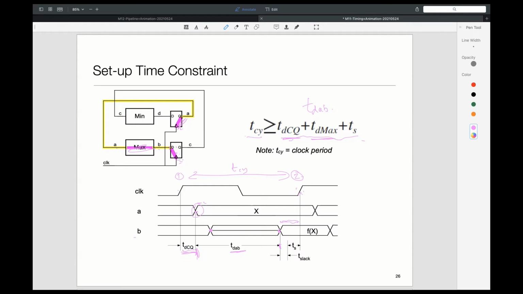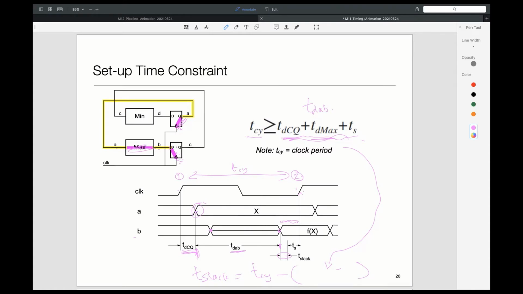So that is what is being shown out here, that in this particular case, there is a little bit of slack also that is present. So you can say T slack is equal to TCY minus all of this term. Okay, so this is a very important condition, because if you fail to meet it, then there are no guarantees on the operation of the flip-flop.